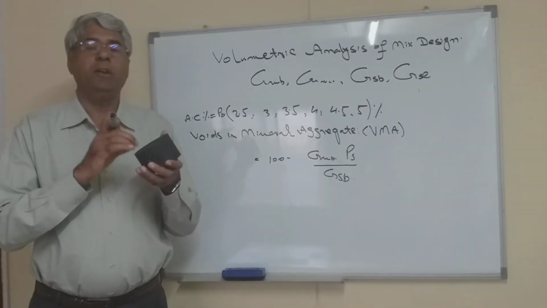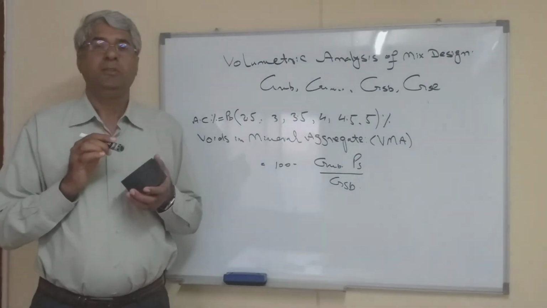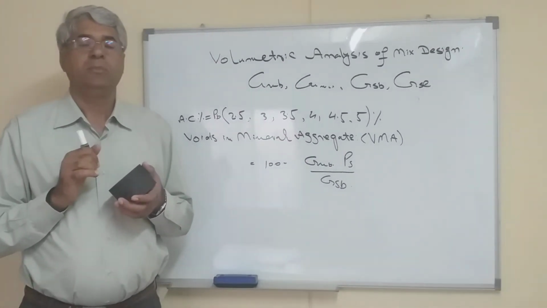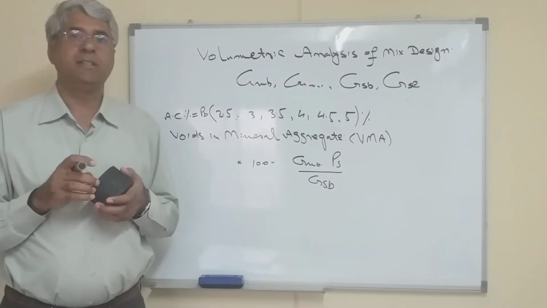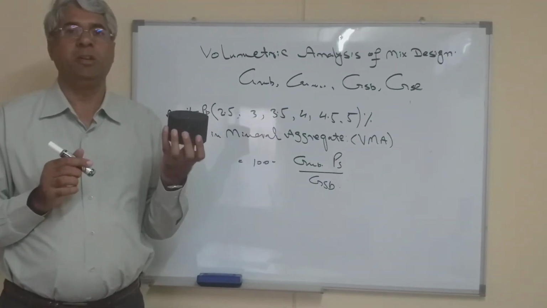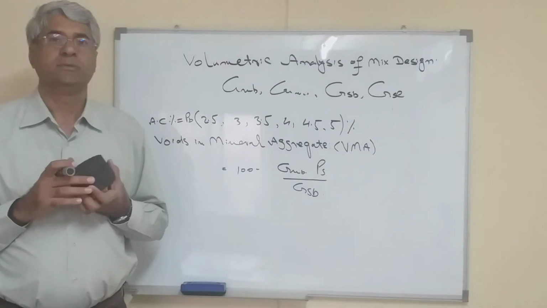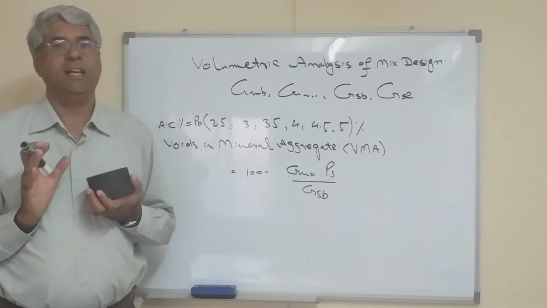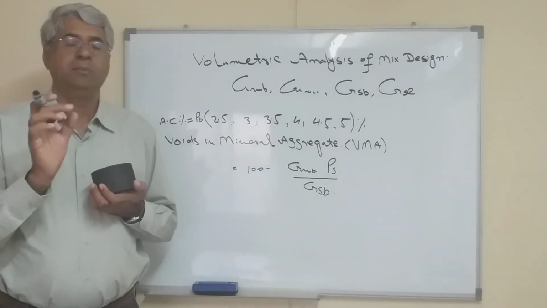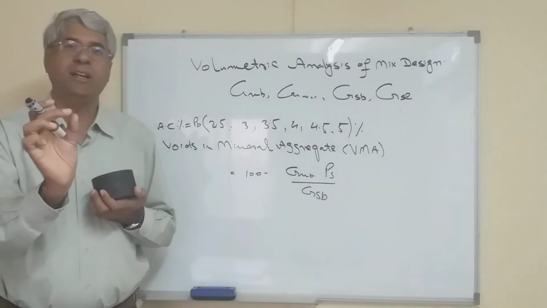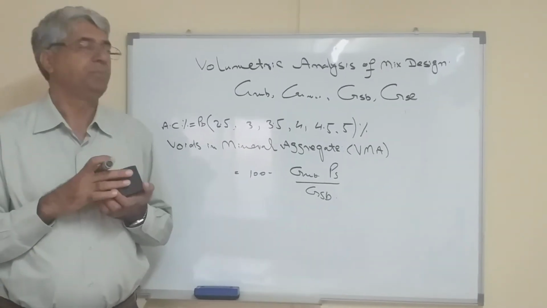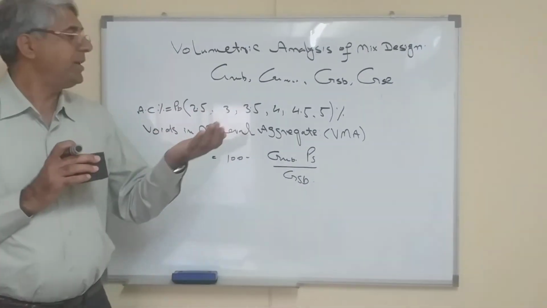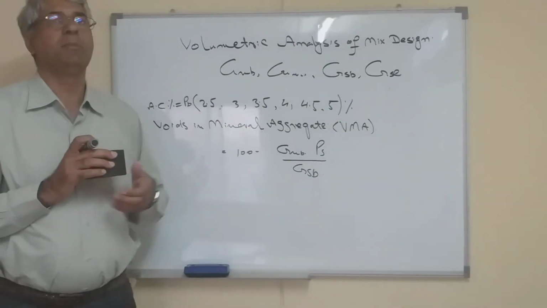The intergranular void spaces of this compacted bitumen mix, which include the air voids and the effective asphalt content, means aggregate particles are a little away from each other. And how much away from each other, that is the representation given by air voids.